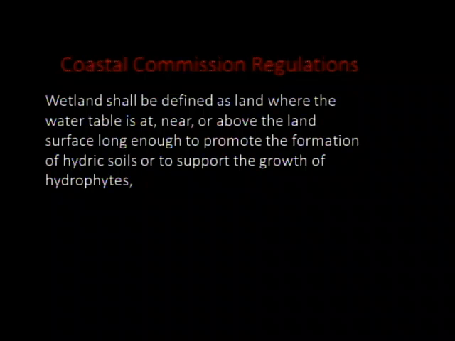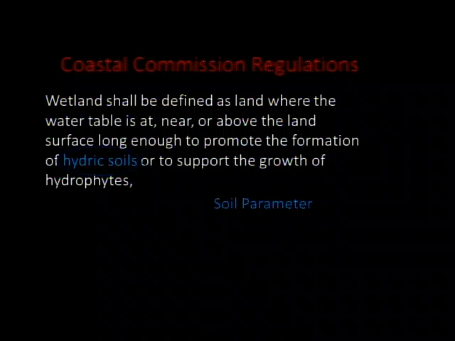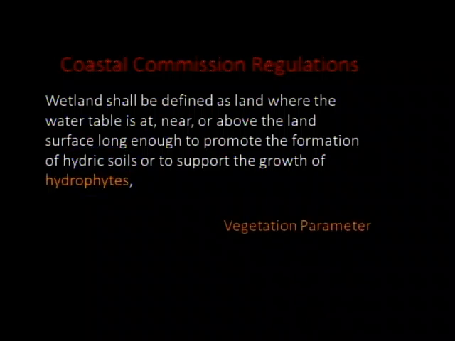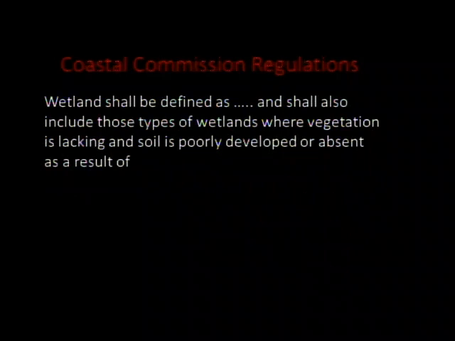Here we have the hydric soil parameter and the wetland vegetation parameter. The regulation goes on to state, and shall also include those types of wetlands where vegetation is lacking and soil is poorly developed or absent as a result of, and here's where the definition becomes really specific.